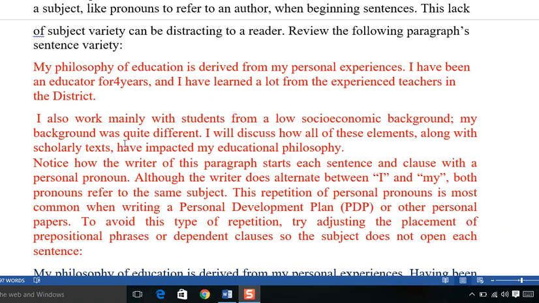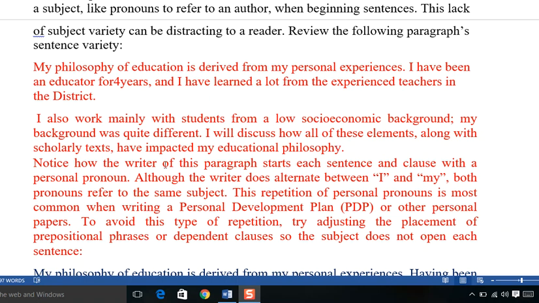My background was quite different. I will discuss how all these elements, along with the scholarly texts, have impacted my educational philosophy. Here you will feel that the writer is focusing on I and I and I, and the sentence pattern is subject, verb and object.